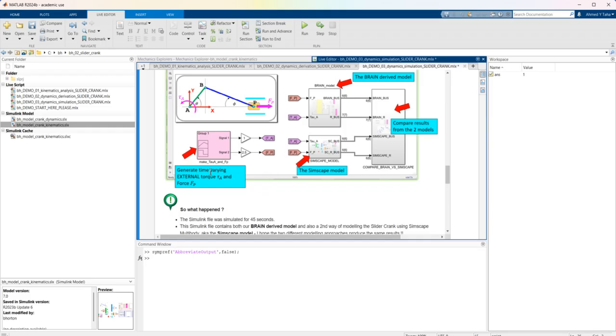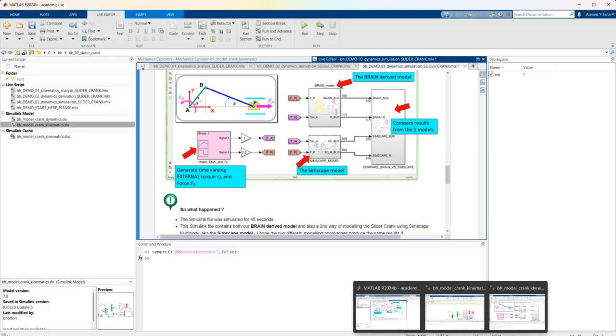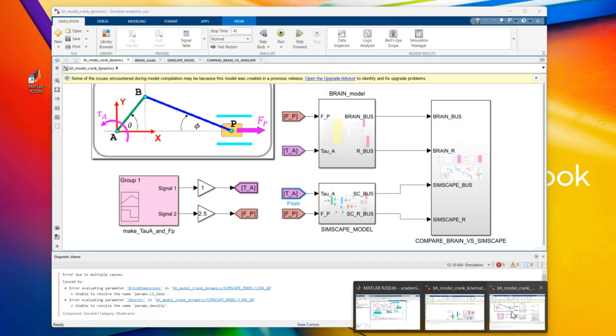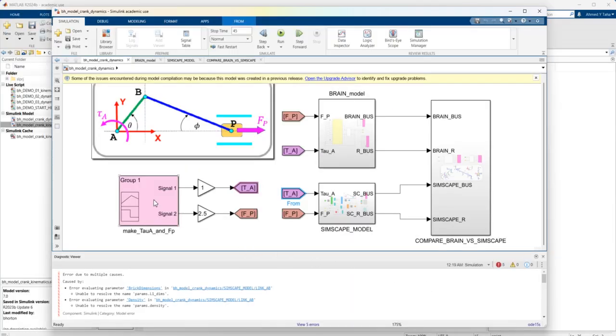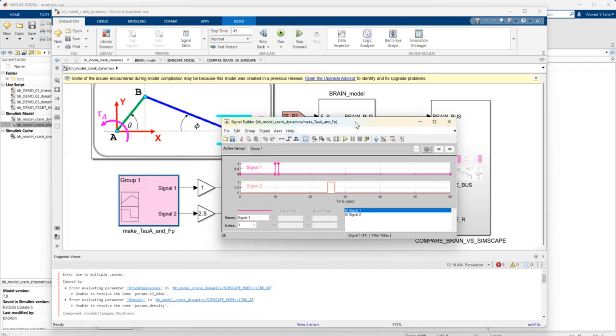Okay, so generate the time varying external torque value from here. This will do the Simscape model, and this will be the brain drive model, and this will compare the results from the two previous models. So before that, okay, so I did that. Okay, so that's signal one, that's signal two.